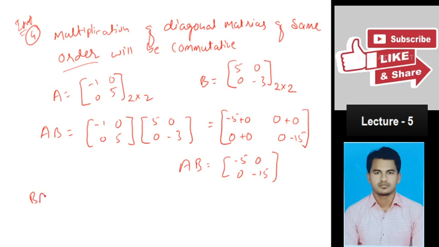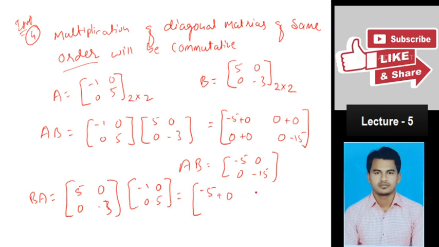Now find BA. Because it is commutative, B means first write the matrix of B elements. Next A, minus 1 0 0 5, it is also equal to minus 5 plus 0 0 plus 0 and 0 plus 0 0 minus 15. What is the value here?